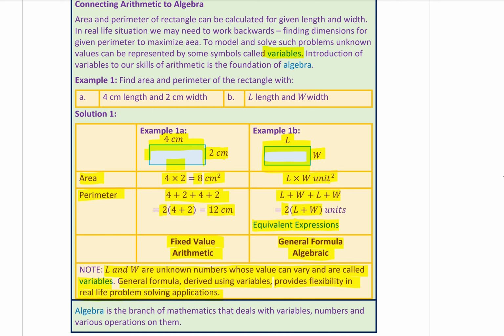The flexibility here is that if I know that area is 20, I could assume length to be 4, width to be 5, for example. Well, I could also say width could be 2, length could be 10. Product of two numbers is 20.